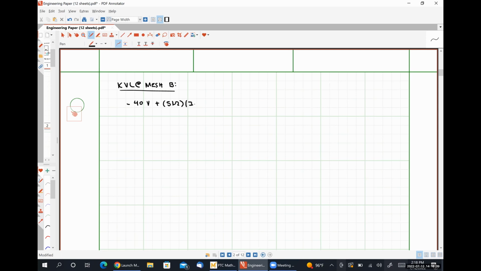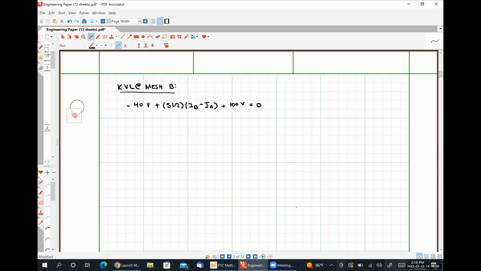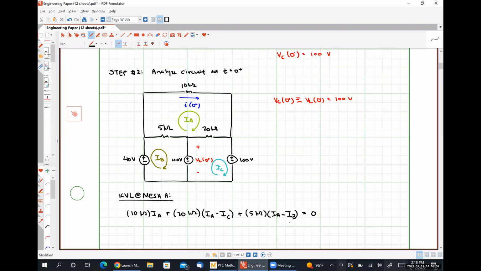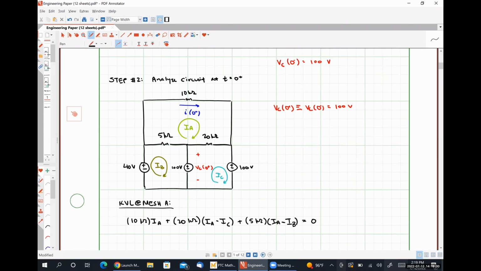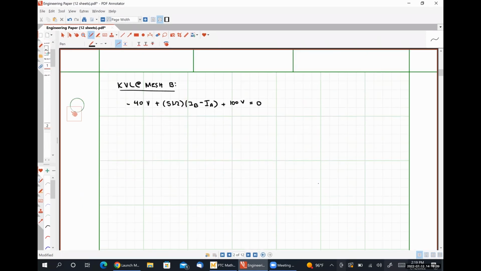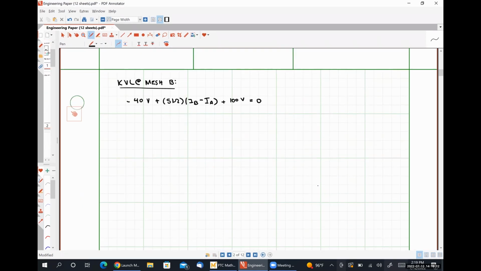We're going to have IB minus IA. And then we're going to see the positive polarity terminal of our 100 volt source that is replacing our capacitor. And we set this equal to 0. Let me go back real quick and make sure I didn't mess anything up there. So negative 40 plus 5 kilo ohms times IB minus IA plus 100 volts. Okay, that seems all right.